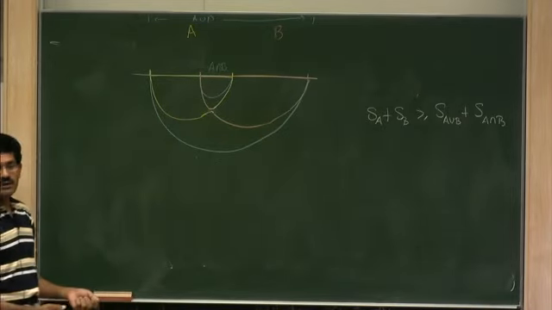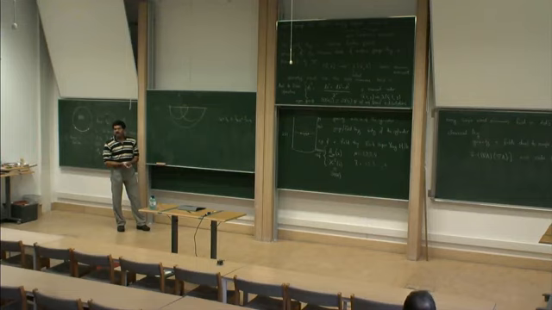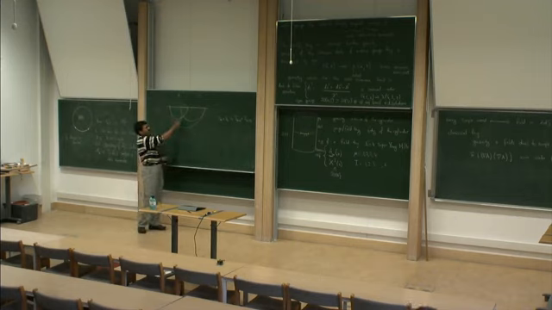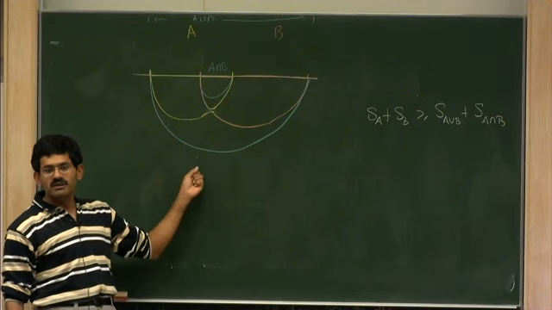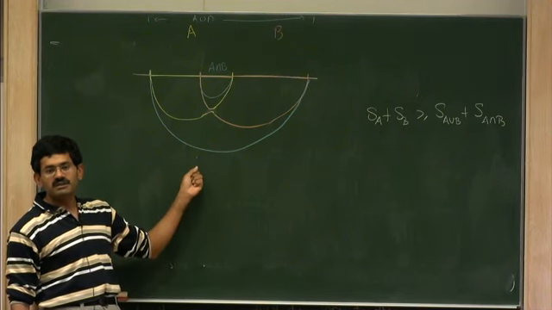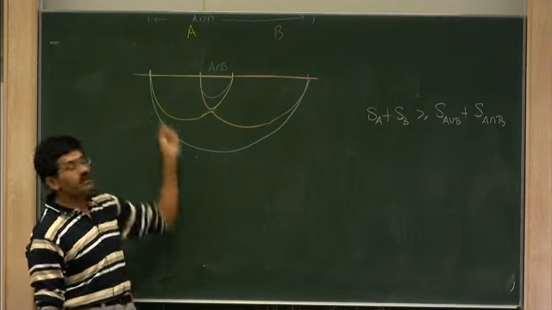Its boundary is A union B, but it's not the minimal such one. So its area is clearly bigger than the area of this blue surface, which is the minimal area surface that straddles A union B.